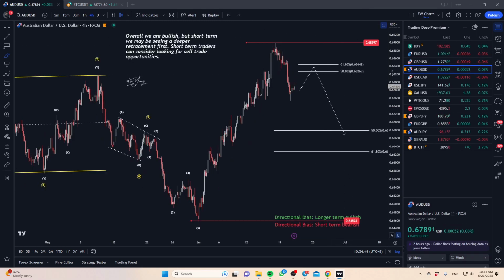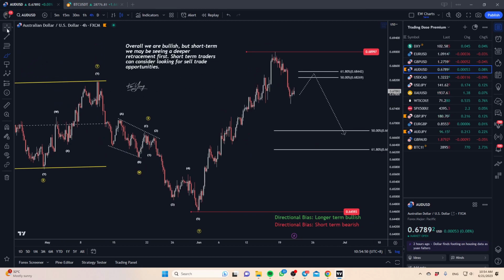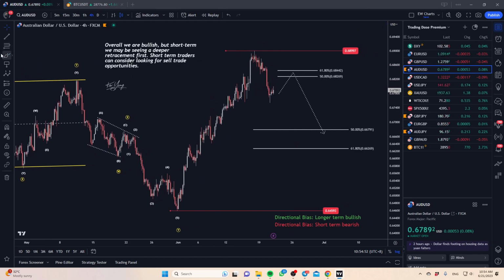Now in terms of Aussie dollar, long term we are slightly bullish, short term we are bearish. The idea is after this little strong push, we expect at least some kind of decent pullback. We did have that first drop yesterday, coming from risk-off sentiment. If you look at China shares, Hong Kong shares, the market is down and therefore it's dragging the Aussie down as well.